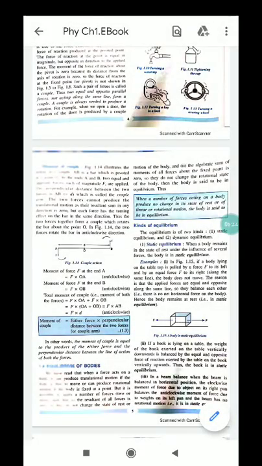Now we will move to equilibrium of bodies. So what is equilibrium? The condition of a system when neither its state of motion nor its internal energy state tends to change with time. There are two kinds of equilibrium, static equilibrium and dynamic equilibrium.